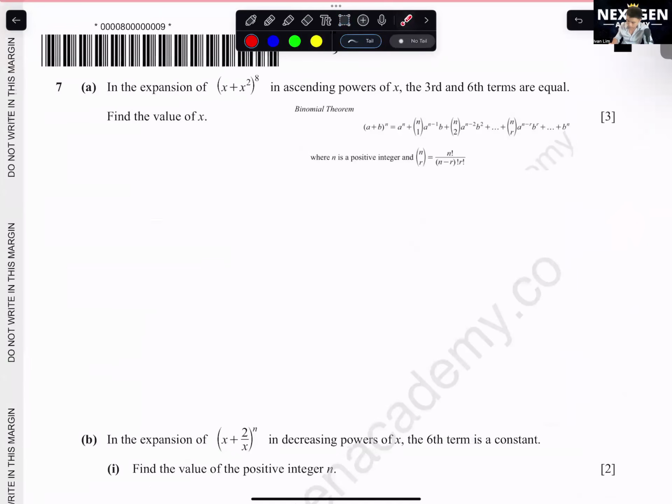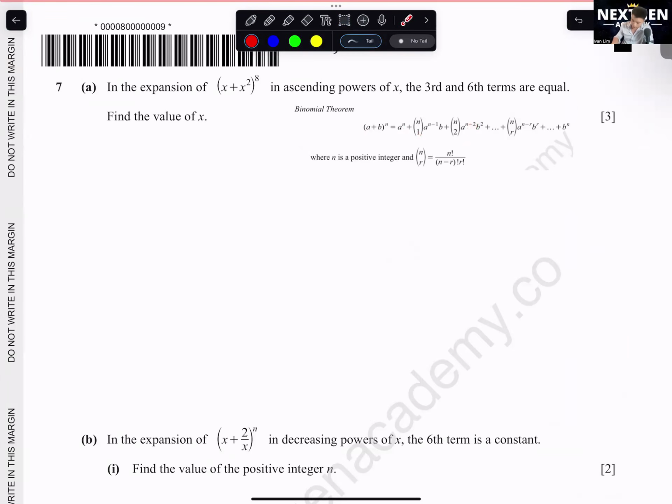Binomial theorem: if we want to expand (a plus b) to the power of n, first term, second term, third term, and so forth. The first one will be a to the power of n. Then the power of a will slowly go down, and the power of b will slowly go up.